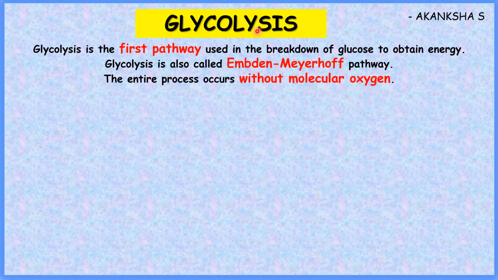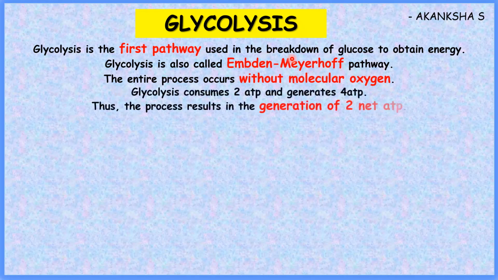Glycolysis does not require molecular oxygen, meaning whether it's an aerobic or anaerobic organism, this process can easily take place. Last point: glycolysis consumes 2 ATP and generates 4 ATP. So basically it is meant for the generation of 2 net ATP.